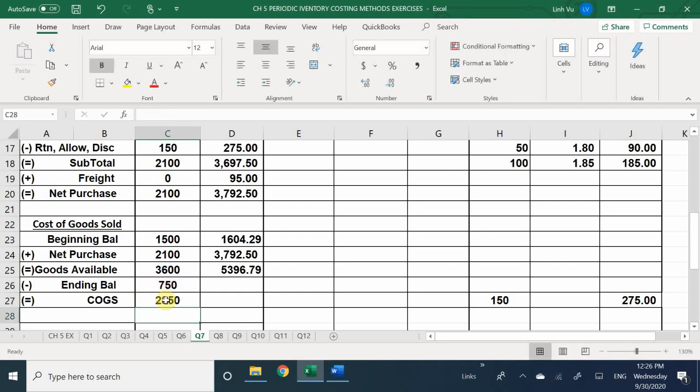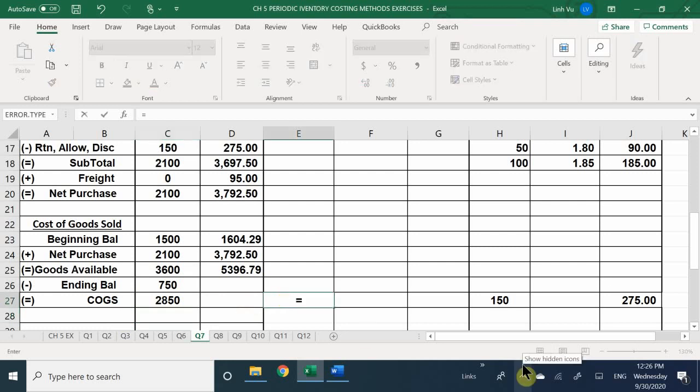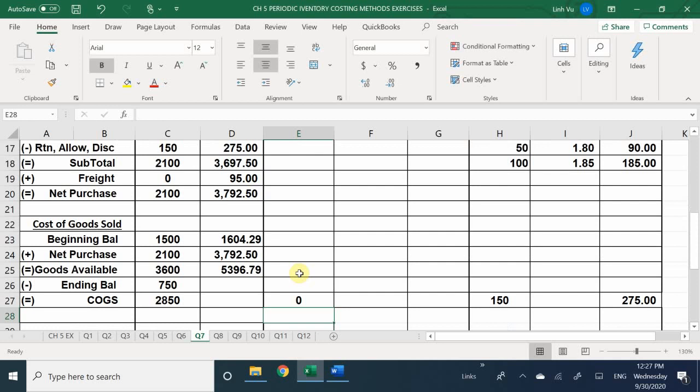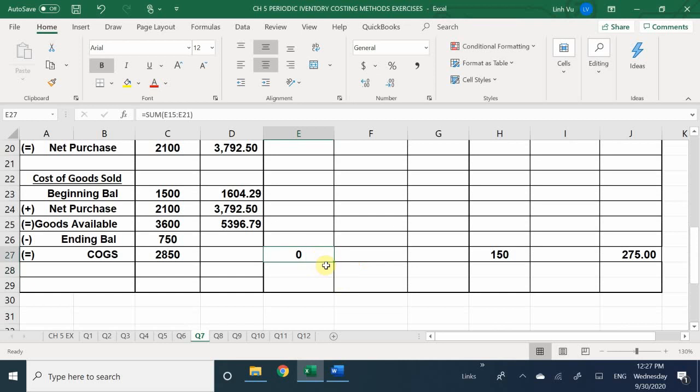So we calculate that we sold a total of 2,850. I mean, sorry, 2,850 items is what we sold.